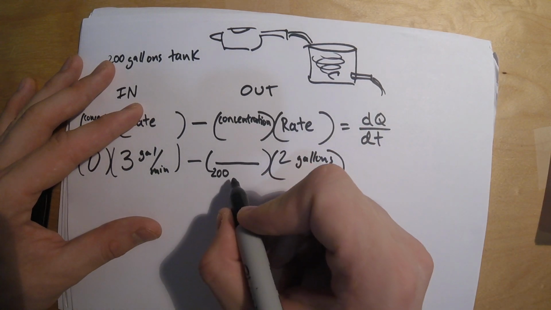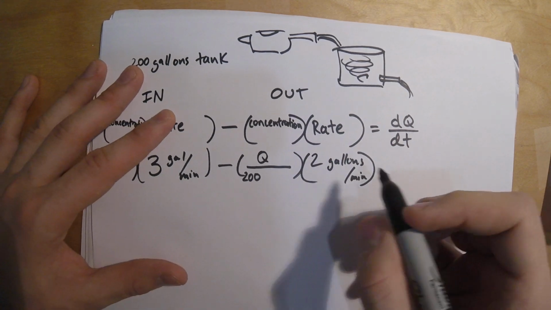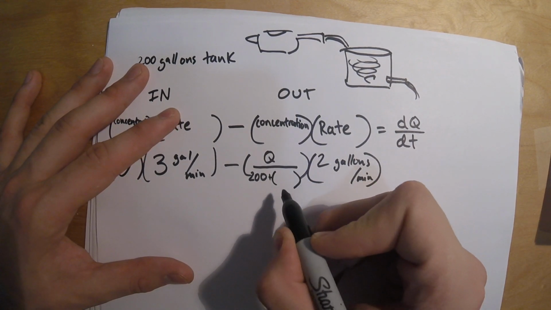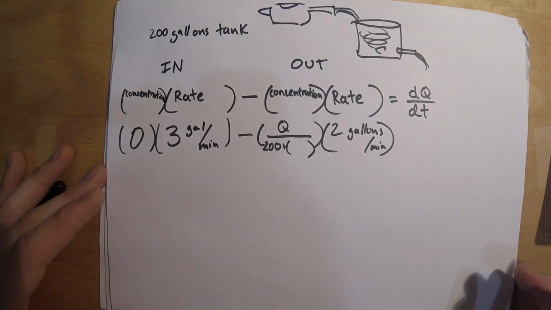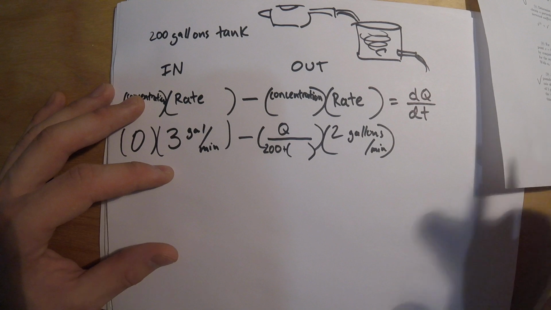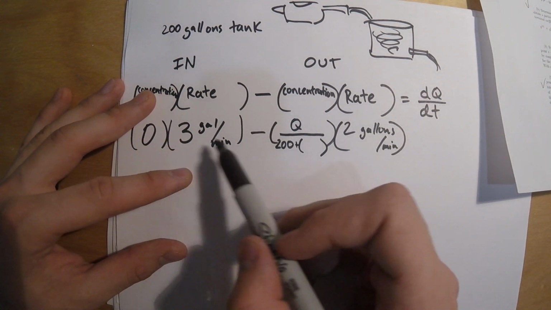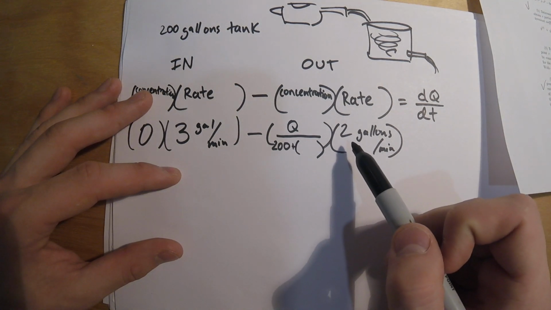So we're going to have 200 here. Now on top we're going to write Q. This is a very important step, because what's going on? We have 3 gallons of water coming in and only 2 gallons coming out.